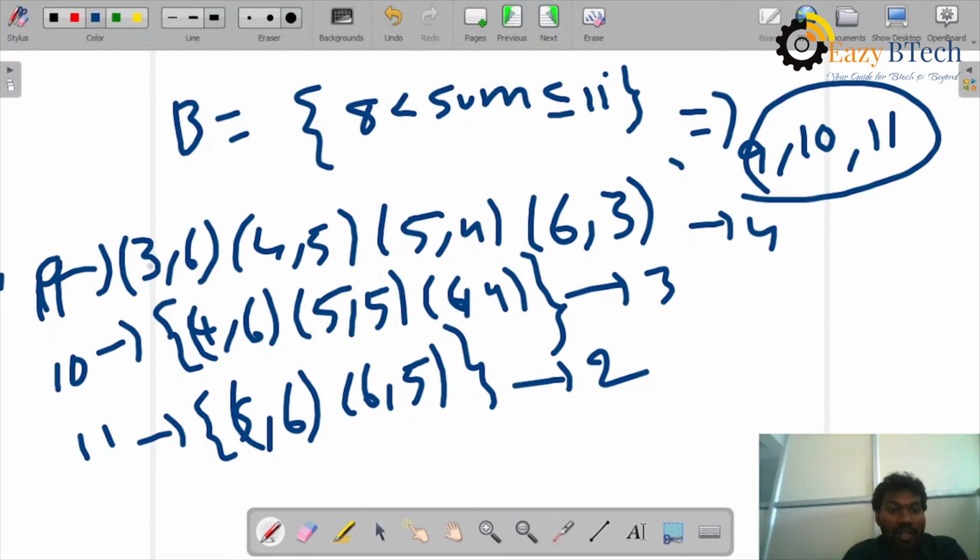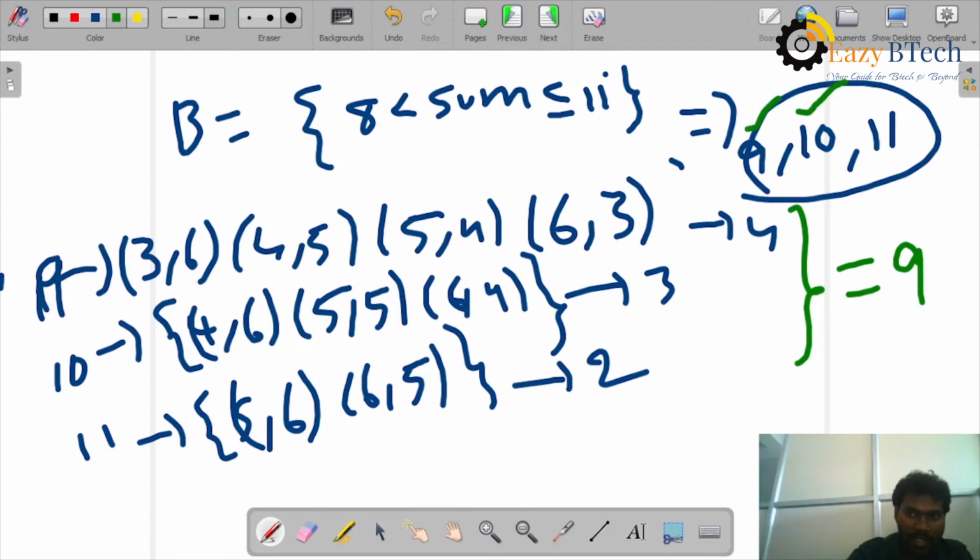So it starts at 3, 3 comma 6, and I keep increasing the first one to 4, 4 comma 5, 5 comma 4, then 6 comma 3. Totally 4 plus 3 plus 2, so how many chances am I having here? My chances are totally 9 chances to get a sum of 9 or 10 or 11.